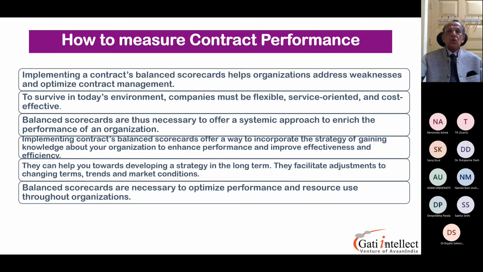Implementing a contractor's balance scorecard offers a way to incorporate strategy of gaining knowledge about your organization to enhance performance and improve effectiveness and efficiency. I think I've talked already about effectiveness and efficiency in one of my sessions. So please bear in mind, this is a very important aspect: efficiency as well as effectiveness.